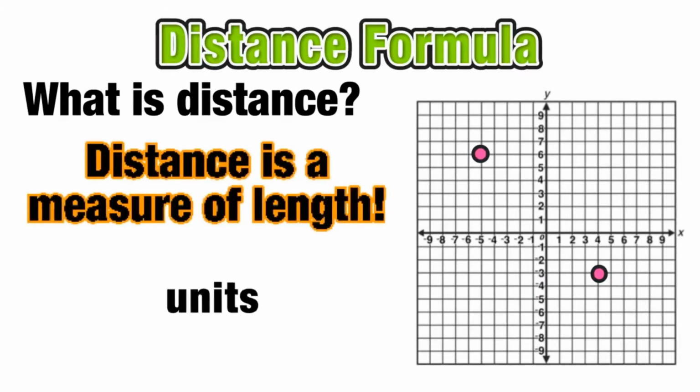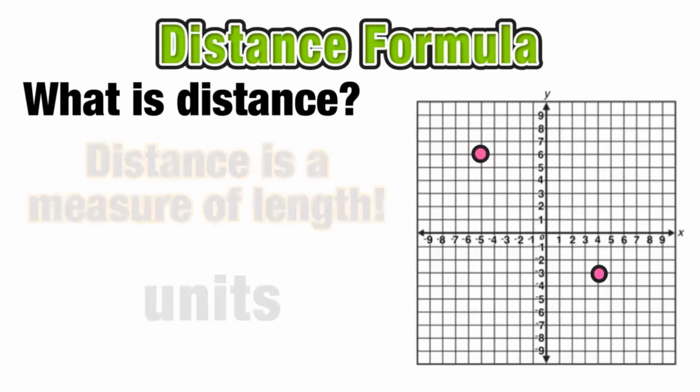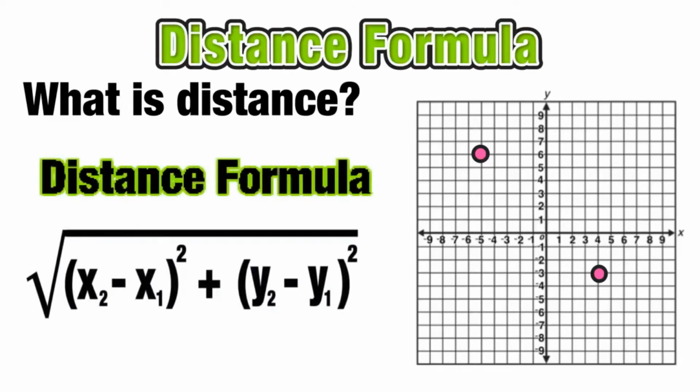Please note that distance is a measure of length, the words are interchangeable, and distance is measured in units. Finally, when finding distances on the coordinate plane, our tool is not going to be a ruler, but the distance formula. So let's go ahead and learn how to use the distance formula.